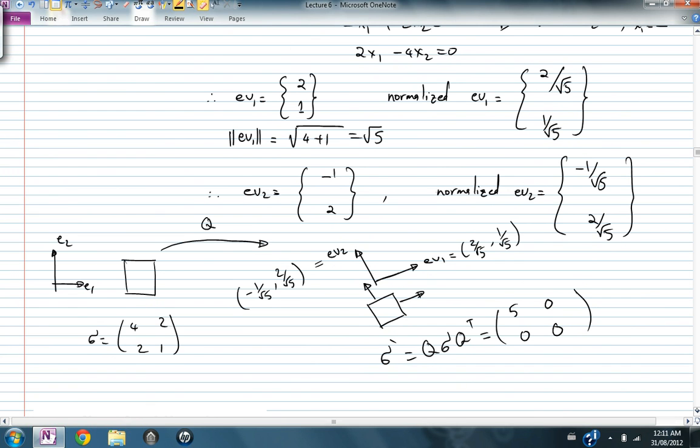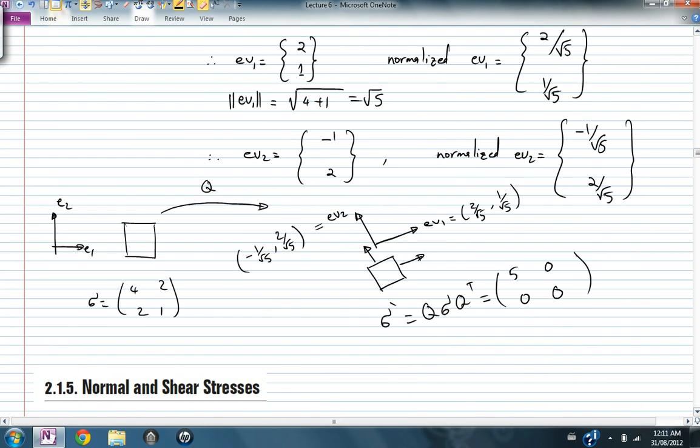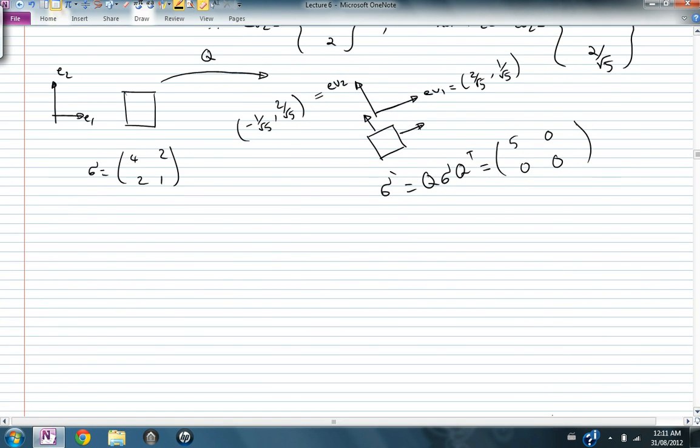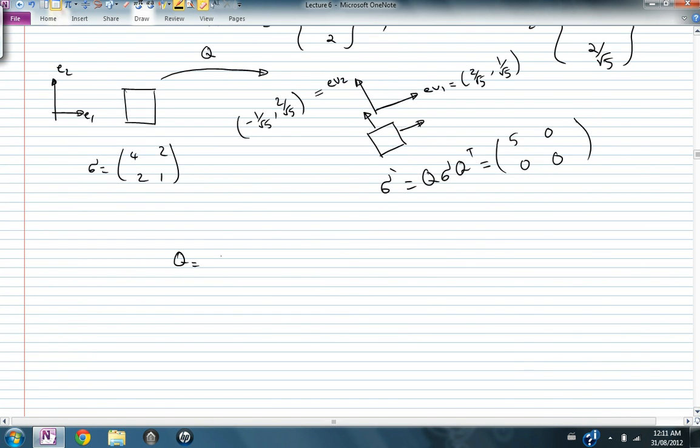And of course Q in this case is made out of the components of eigenvector 1 and eigenvector 2, so 2 over root 5, 1 over root 5, negative 1 over root 5, and 2 over root 5.